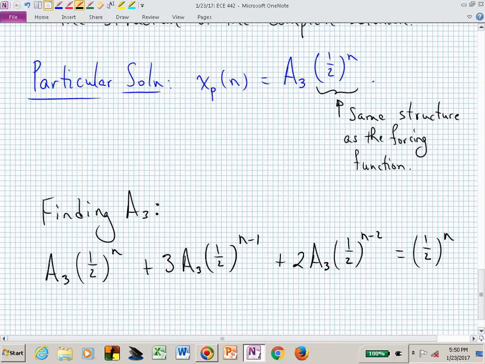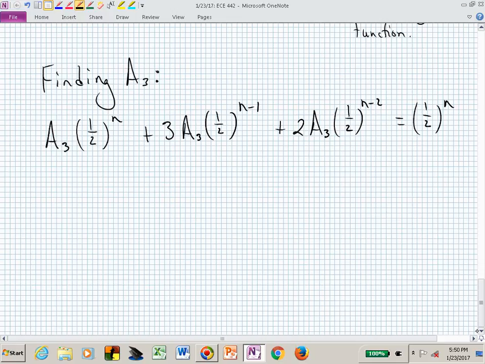Well, let's pick a convenient value of little n and solve for a sub 3. It has to be true for all, so let's just pick one. An easy one would be n equal to 0, since we said this is going to be true for n greater than or equal to minus 1 to begin with. Let's just say with little n equal to 0, what do we have?